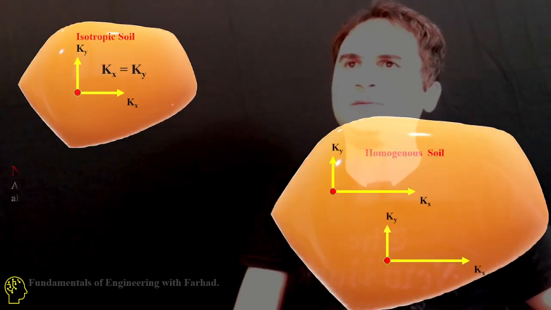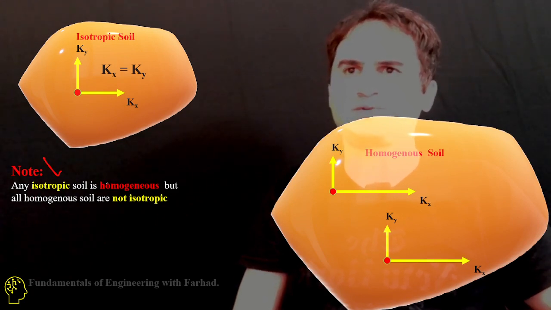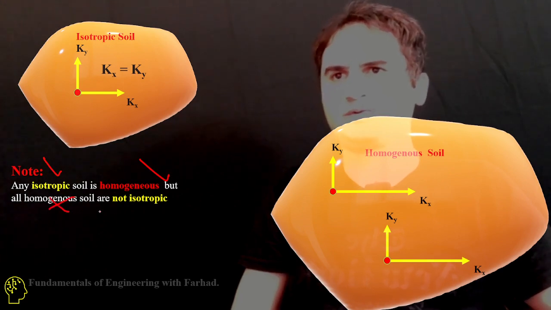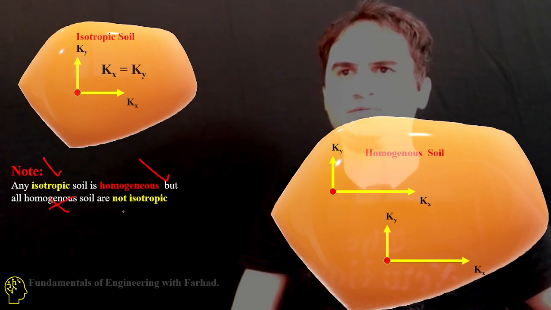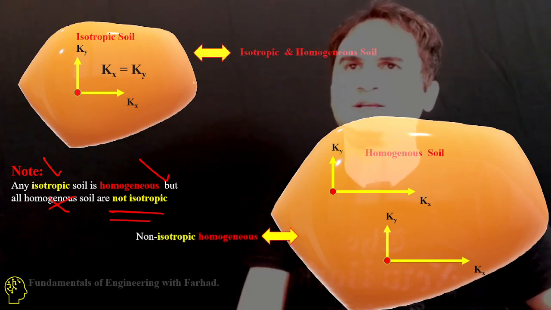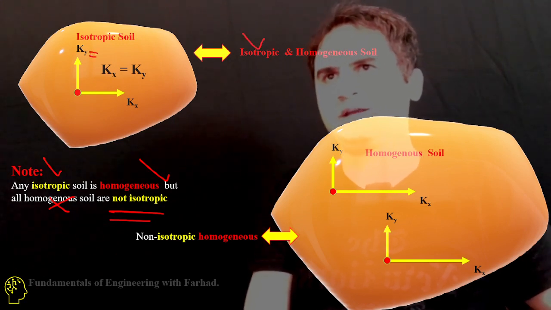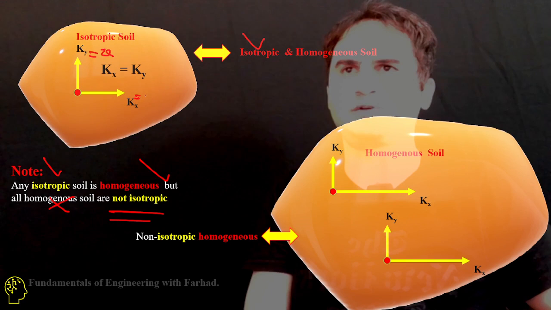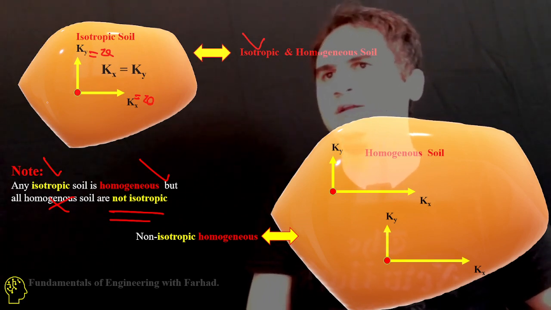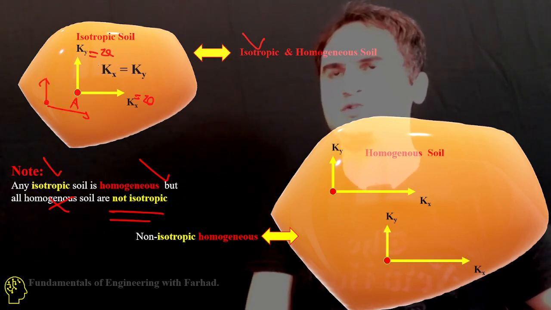So if we want to wrap it up, note that any isotropic soil is also a homogeneous soil, but not all homogeneous soils are isotropic. How is that? If we have isotropic soil, for example Kx is 10 and Ky is 10, and because this was an arbitrary point, it should remain the same.